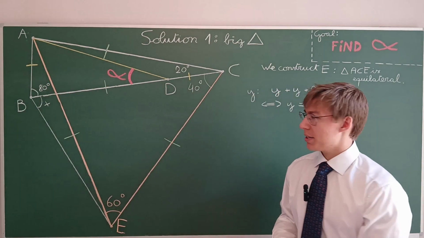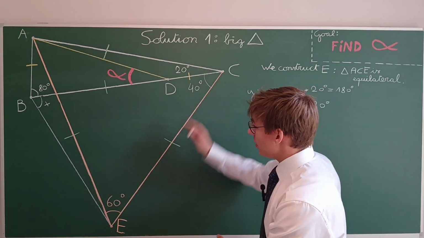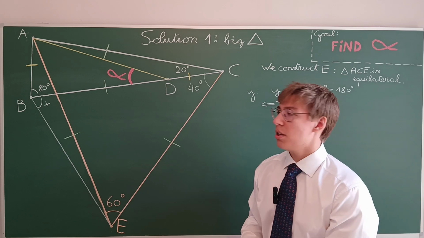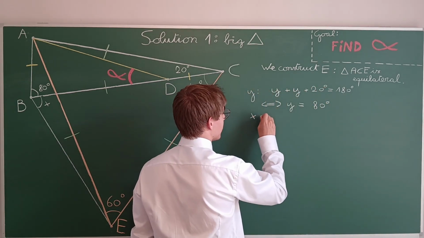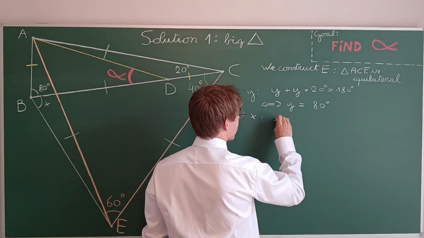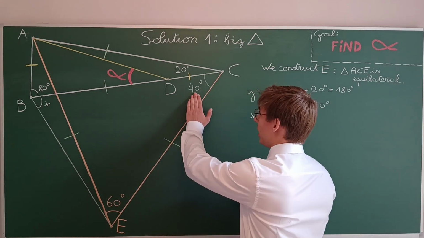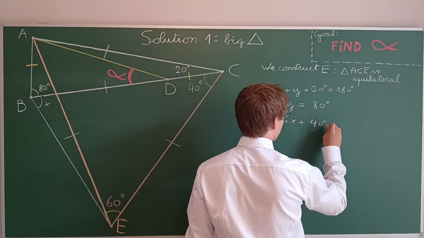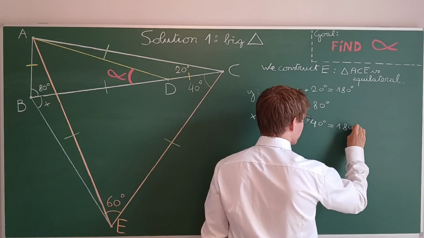Now let's solve for X. We also know by construction that CEB is isosceles too. So we must have that X plus X plus this angle of 40 degrees is also equal to 180 degrees.